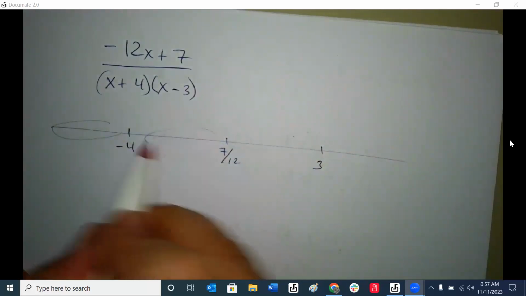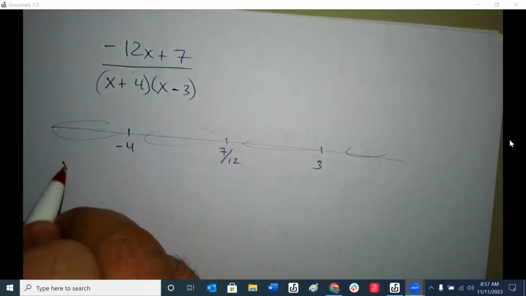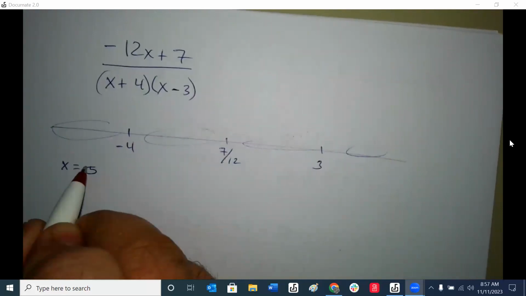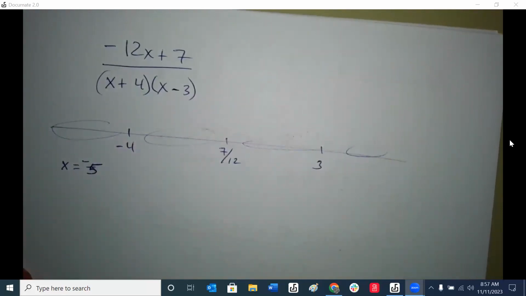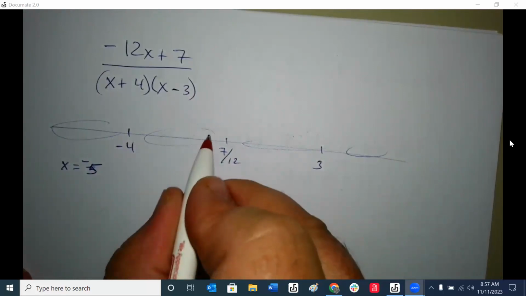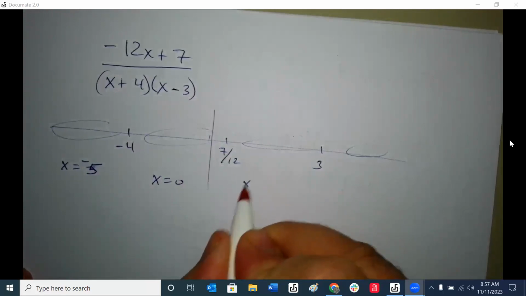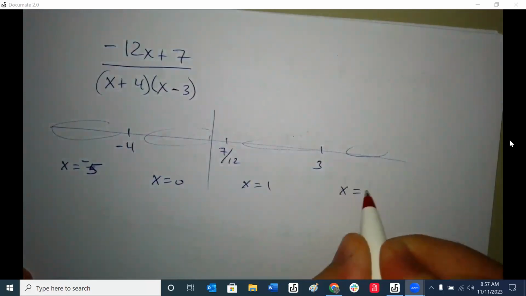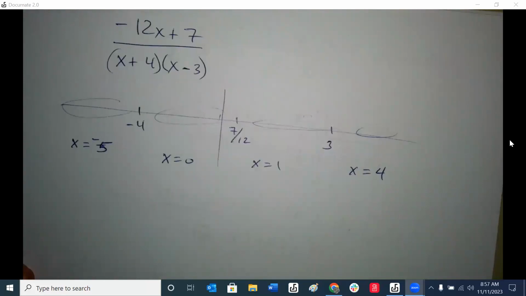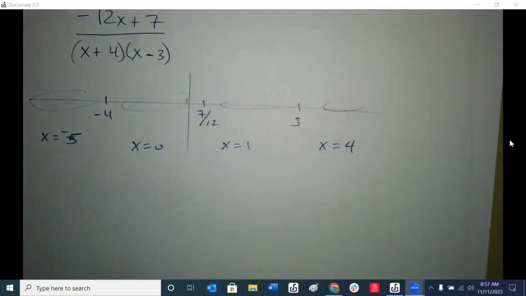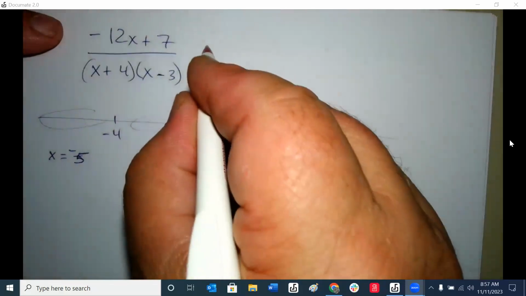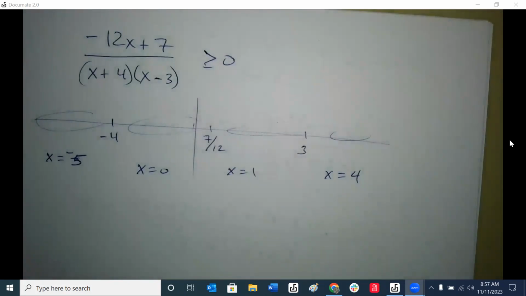We want these intervals. Those are my intervals that I use. Negative 5, 0, 1, and 4. I only want positive answers. It's got to be greater than, yeah.